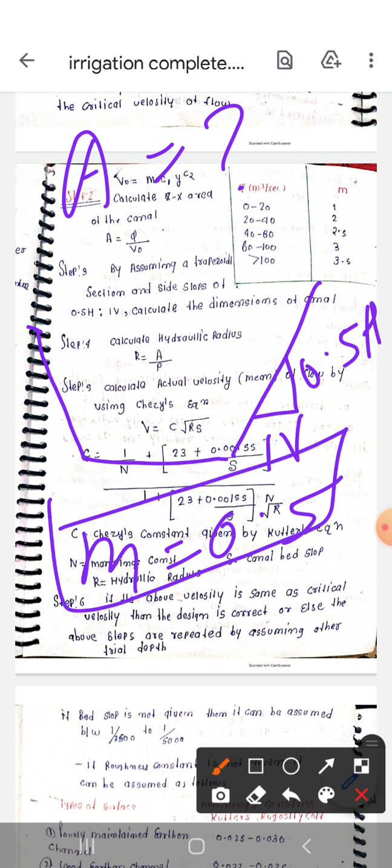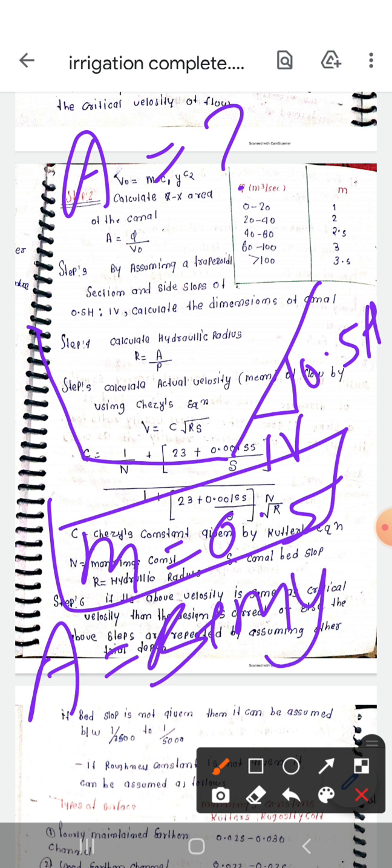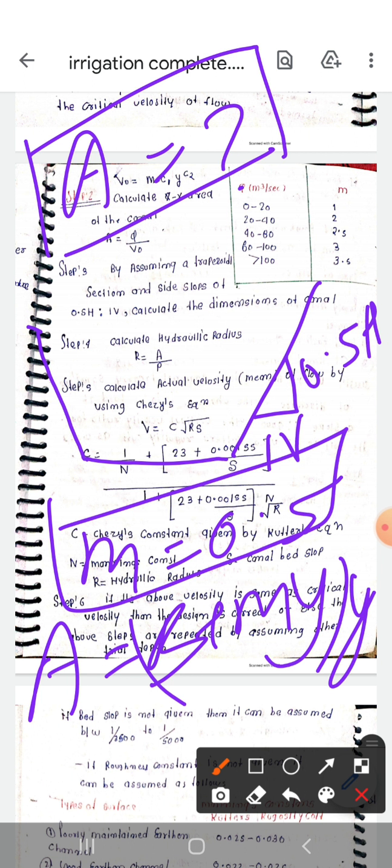By using this, area can be calculated as (b plus m y) into y. Since we know the area, we have calculated it in the previous step, so if area is known, then m is 0.5, so we get a relation between b and y.